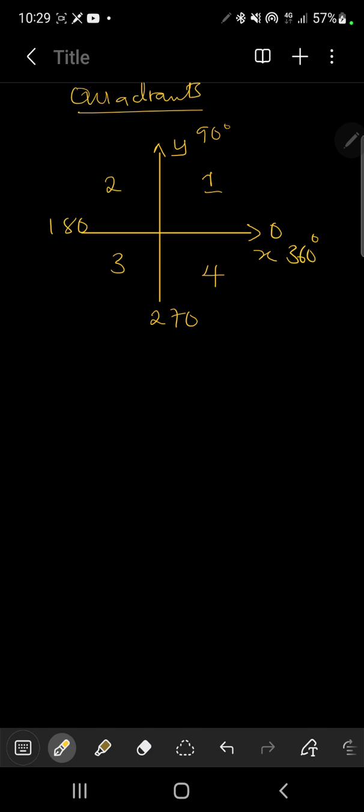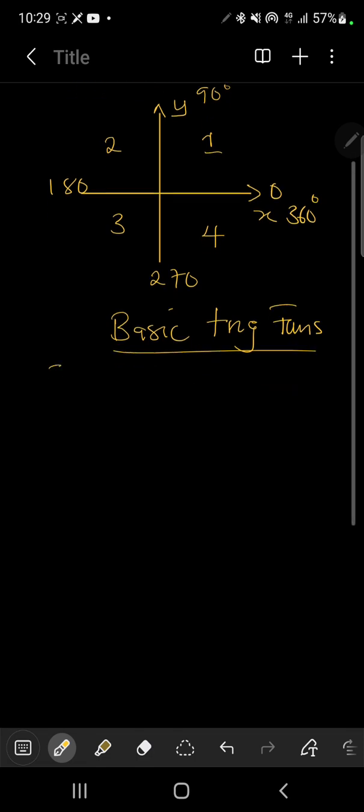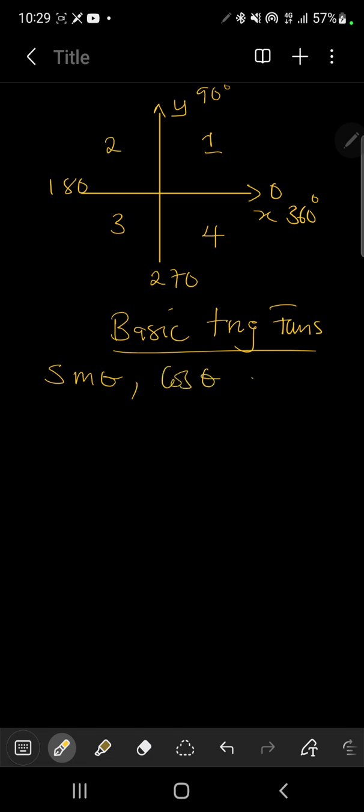We have three basic trig functions: sine theta, cos theta, and tan theta.